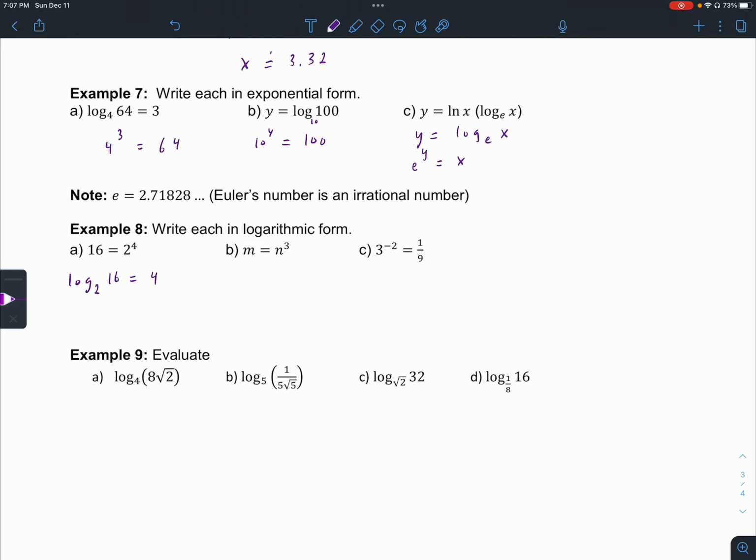And then this next one, log to the base n of m is equal to 3. This one here, log to the base 3 of 1 over 9 is equal to negative 2.